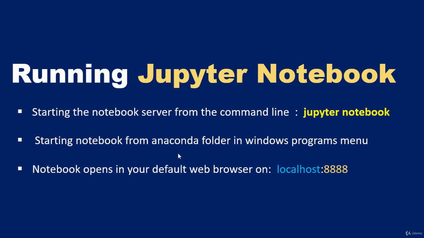Notice that when you start the Jupyter Notebook from the Anaconda folder within the All Programs menu, it will start from the root directory of your profile where the Jupyter Notebook was installed. When you're starting it from the command line, you can specify where you want it to start from.